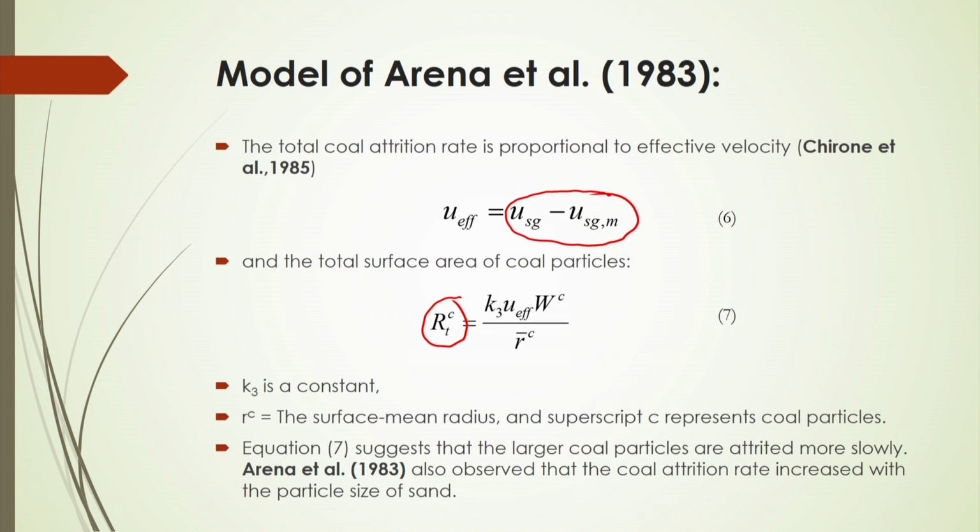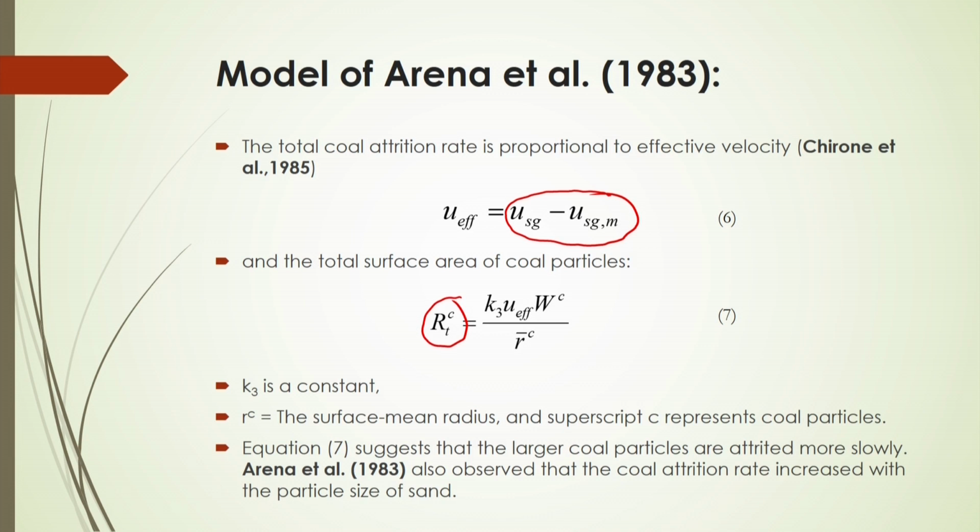It will be proportional to the mass, or you can say the load of particles in the fluidized bed, and also the effective velocity, and it is inversely proportional to the surface mean radius of that particular substance, here, as per their experiment, the coal particles.